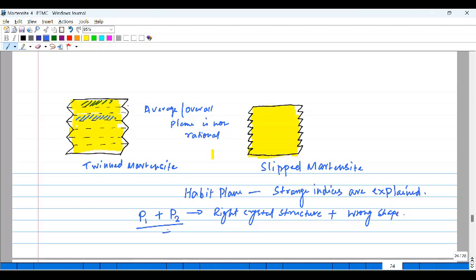And when this is combined with a lattice invariant shear like slip or twin, the shape is corrected to what is actually being observed. And we have a martensite crystal with the right structure and the correct shape. Okay.